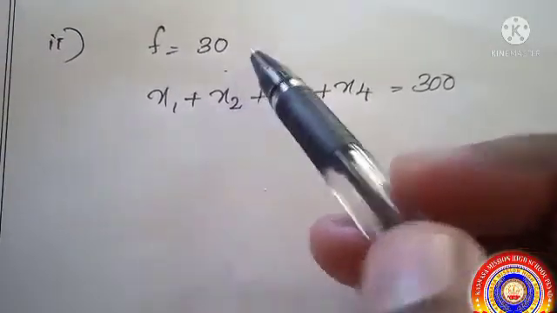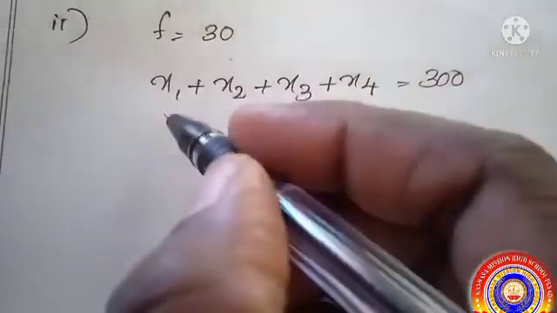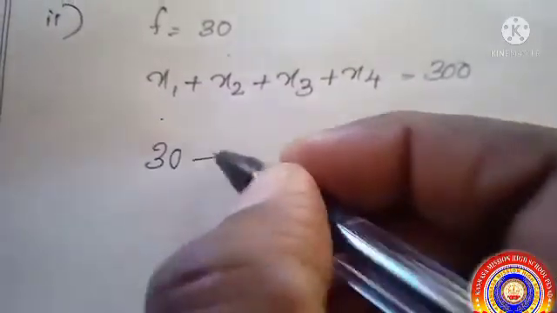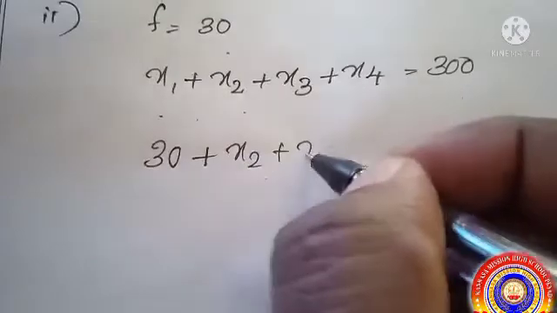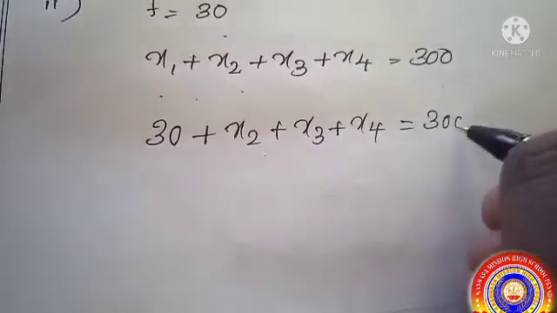Next, in the second sub question, the first term is equal to 30 and the sum of first 4 consecutive terms is equal to 300. First term 30 plus x2 plus x3 plus x4 equal to 300.